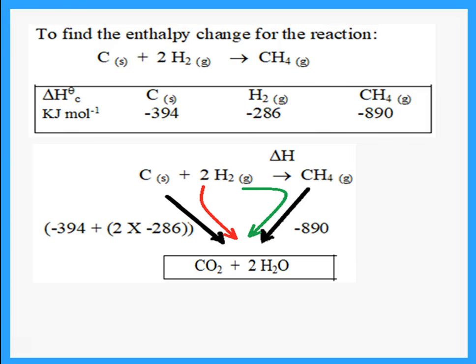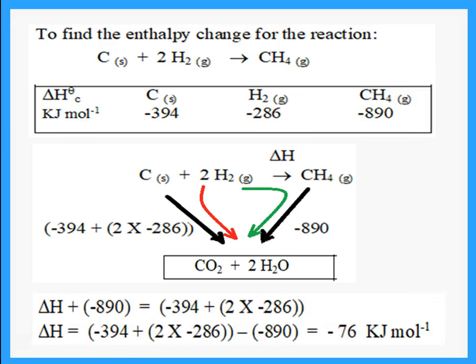He said burning of carbon to give carbon dioxide will release minus 394. And then 1 mole of hydrogen gives minus 286. I have 2 moles. So going with the red arrow, the delta H is minus 394 plus 2 times minus 286. But going the other way around, carbon plus hydrogen to give methane and then burning methane to give carbon dioxide and water, I have delta H plus the minus 890 for the burning of methane.